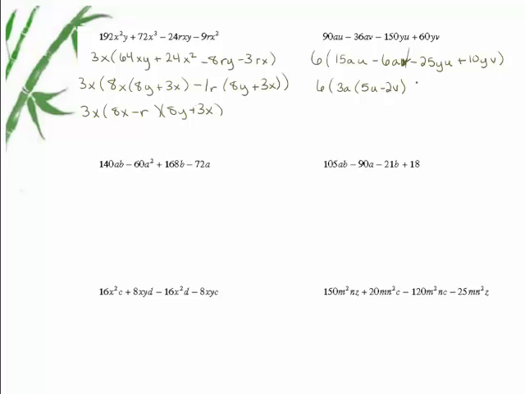And from 25 and 10, I could pull out a 5, which would give me a negative 5u. So I'm going to pull out a negative 5 to give me a positive 5u and negative 2v. So now I have 6 times 3a minus 5y times 5u minus 2v.